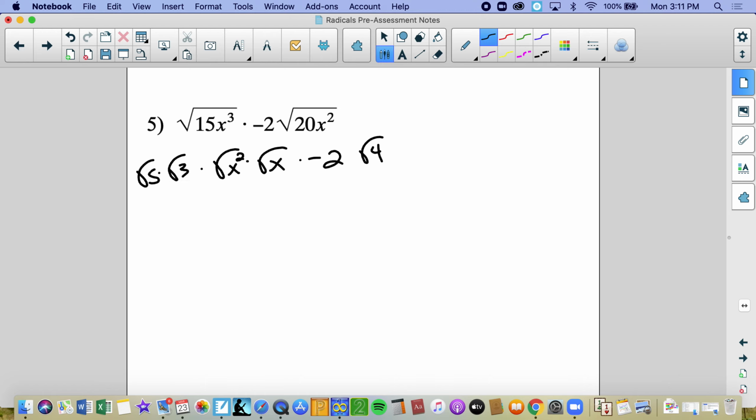It's not a bad thing to go back and change your work once you see something being able to pair up. So I saw that I was going to get a rad 5, so that's why I broke down that rad 15 to rad 5. So that would produce 5. I don't have a match for rad 3.